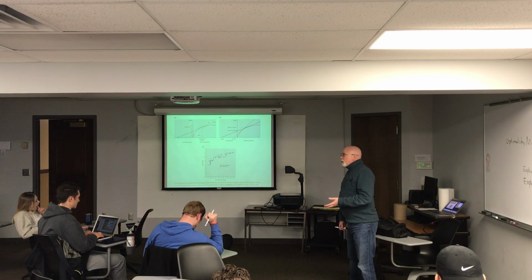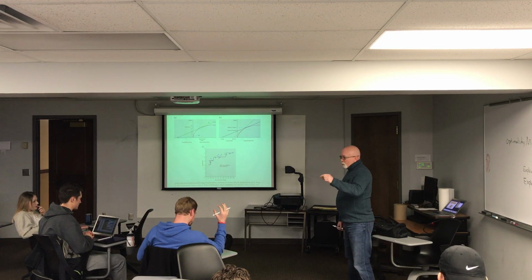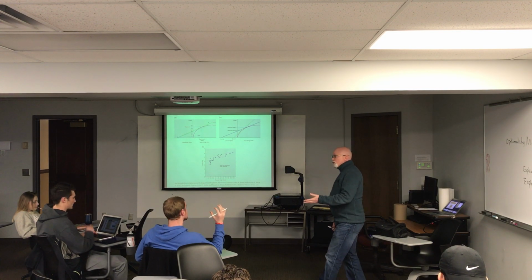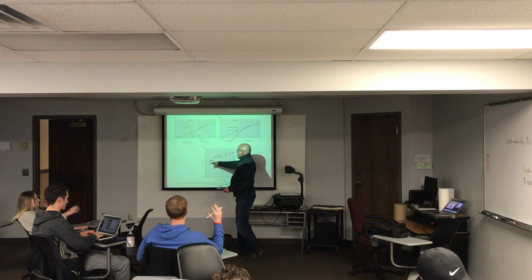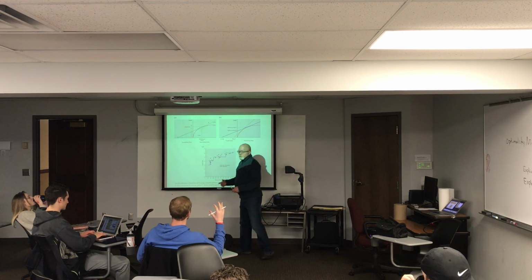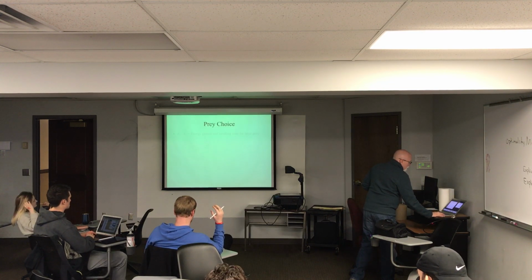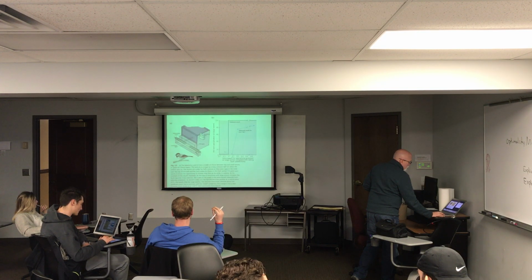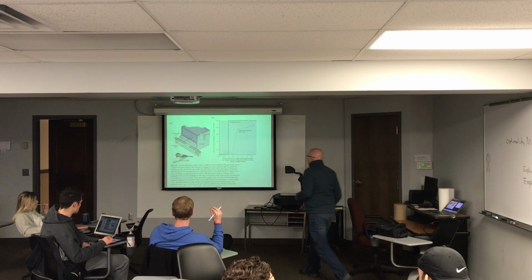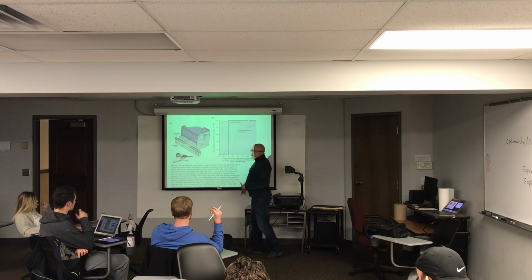Seldom do optimality models predict precisely the numerical value that will be observed. You're gonna see this over and over again in this chapter. In this case, the dots aren't exactly on the line. When we see this figure later on, here's the predicted result, here's the actual result.